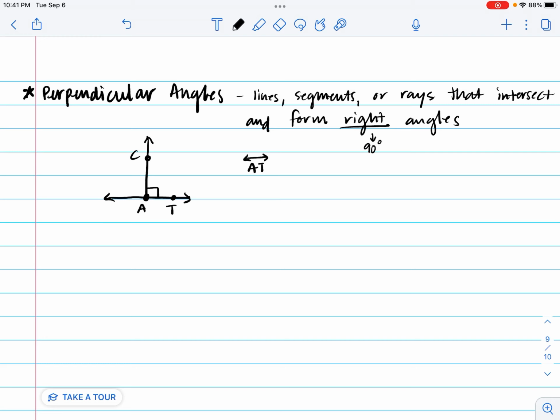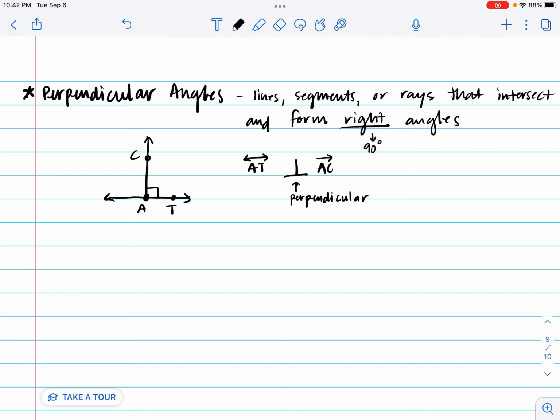So we could say AT, and this is the symbol that we use. This is for perpendicular. That's a symbol. And you could literally see it looks like a perpendicular line. That's how they came up with this symbol. And anytime you see that, it means AT is perpendicular to AC.